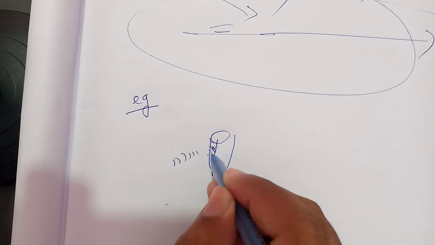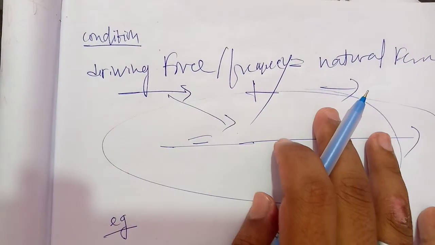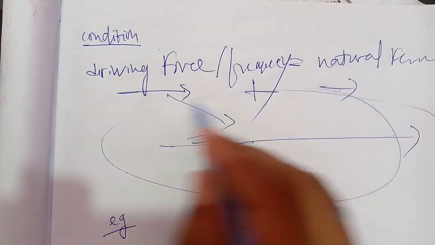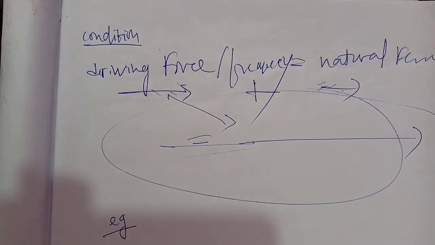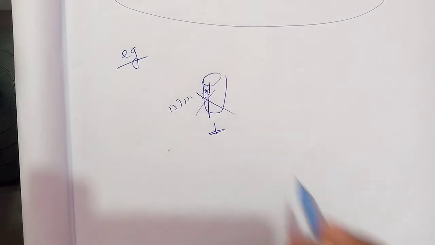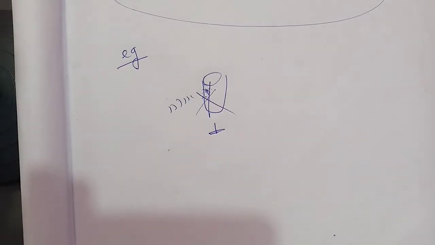If they can match it, this addition thing happens, and as it keeps on adding and adding, the resultant amplitude gets so big that it breaks. So that's what happens, and that's what resonance is.